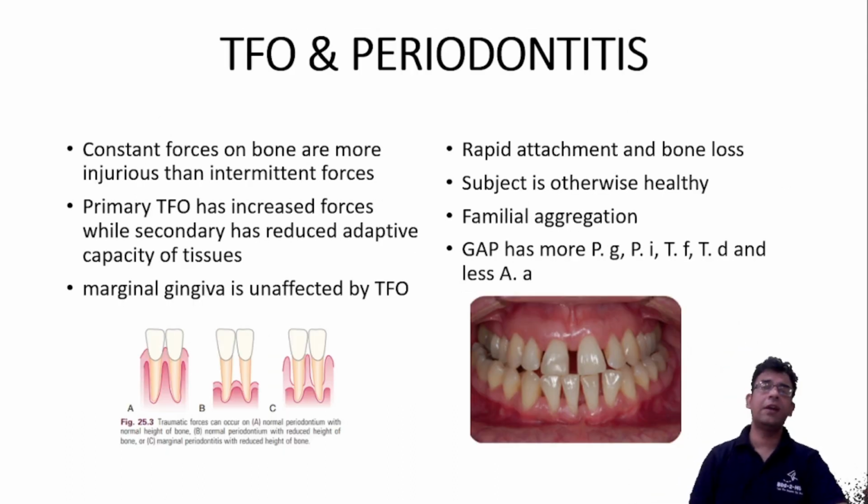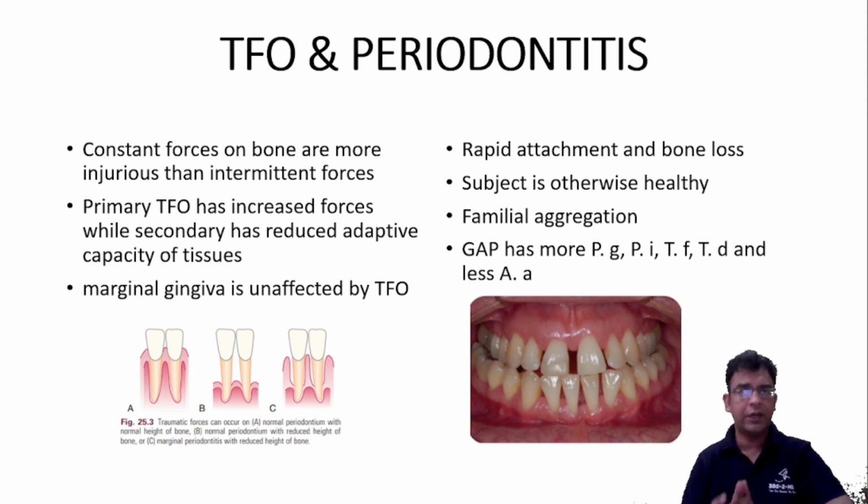Like I told, TFO. In TFO especially, what is primary, what is secondary, questions can be asked on that. Then what is jiggling trauma and zone of codestruction. It always stays important and very important. TFO cannot initiate pocket formation. Okay, TFO cannot initiate, it can aggravate. It is the most important aggravating factor for periodontitis.